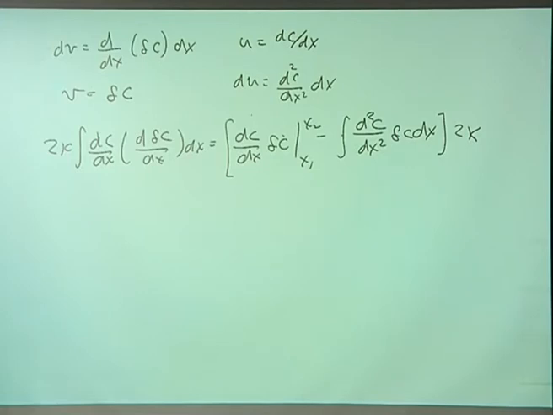Okay, so let's look at this expression here. We have these terms here, and they are terms that go out to the boundaries. They tell you something about how gradient terms, here the gradient energy coefficient, affect concentration gradients at x1 and x2.